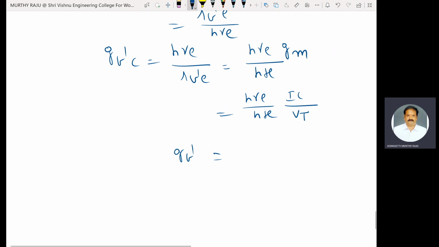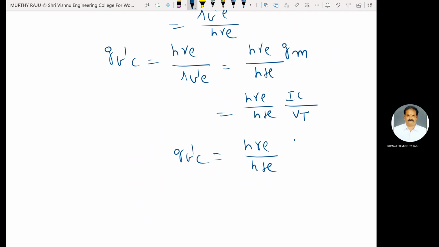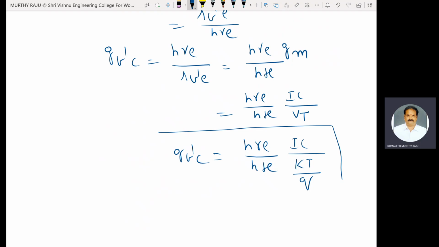Therefore, GB dash C is equal to HRE by HFE into IC by VT, where VT means KT by Q. This is the feedback conductance. Next, the fourth one.